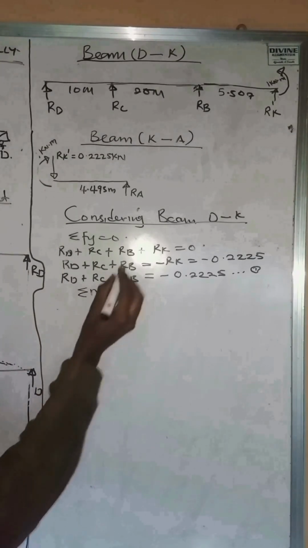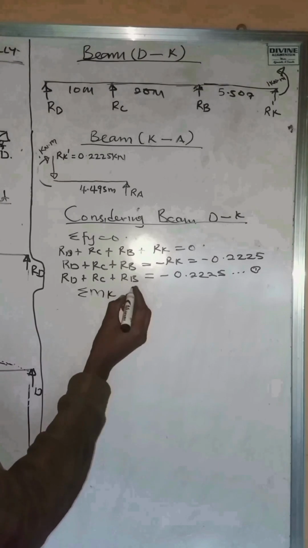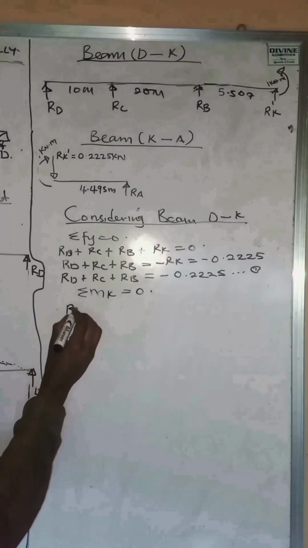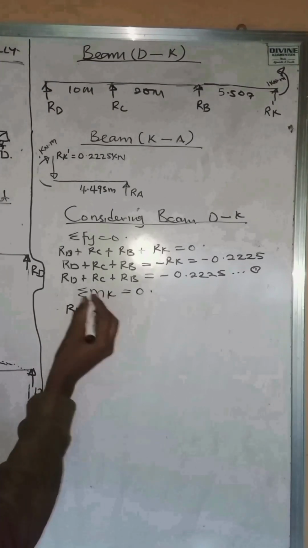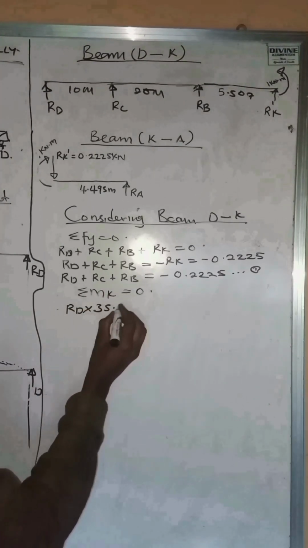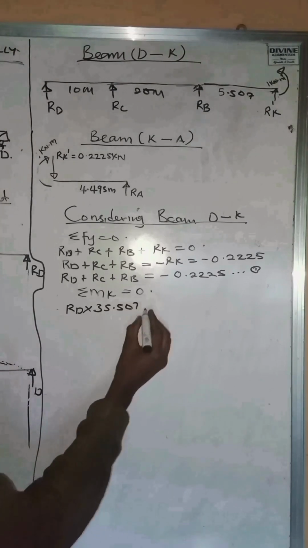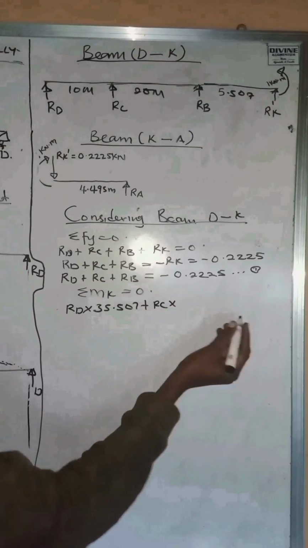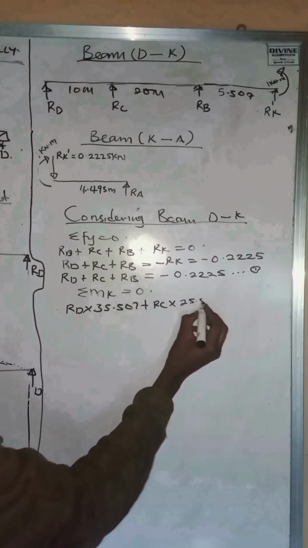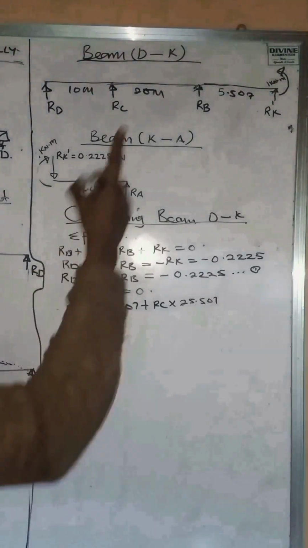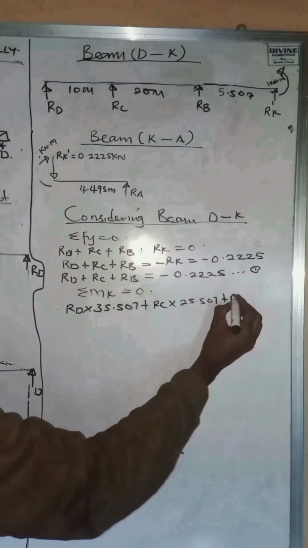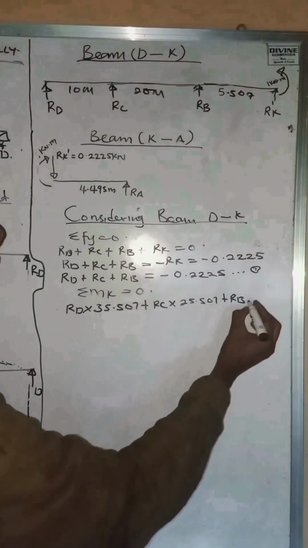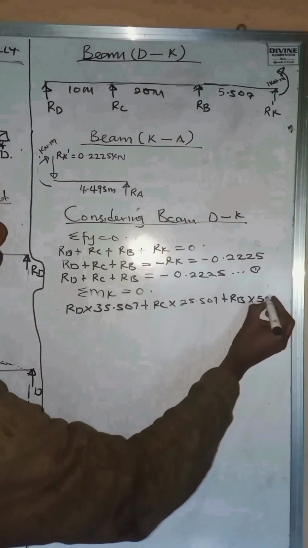So let's say summation of moment about K is 0. So we're going to have arrow D times 35.507, the total length, plus arrow C times 25.507, plus arrow B times 5.507.